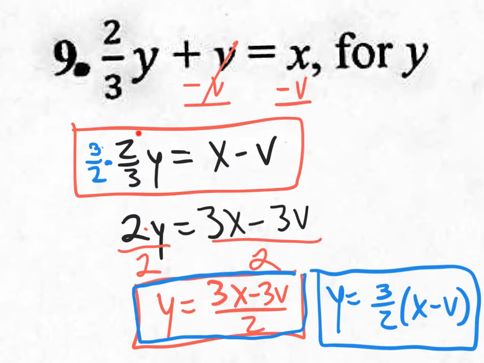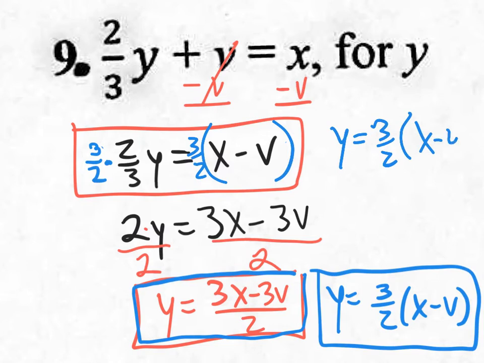If you multiply the left side by 3/2, you also have to multiply the right side by 3/2. And that's how the book got that answer of y equals 3/2 parentheses x minus v. But since we are so used to getting rid of the fraction by multiplying everything by 3, this is also a very acceptable, very correct answer.